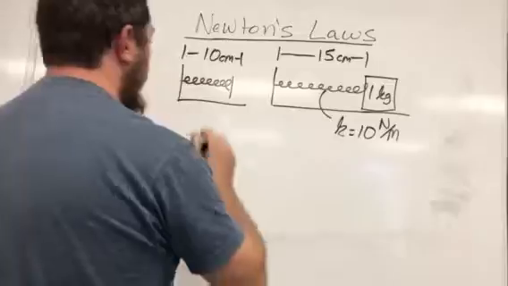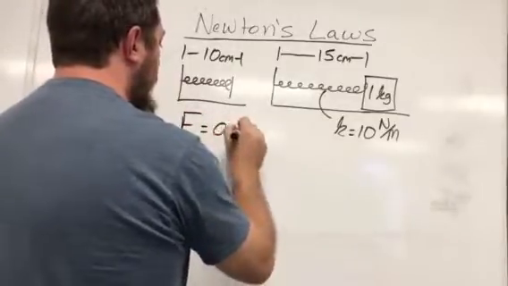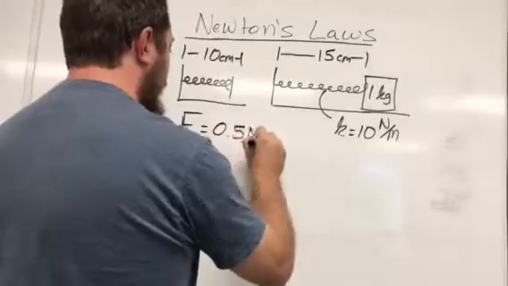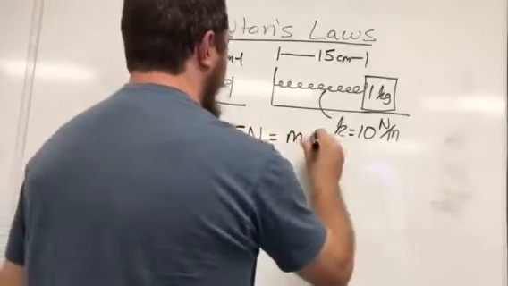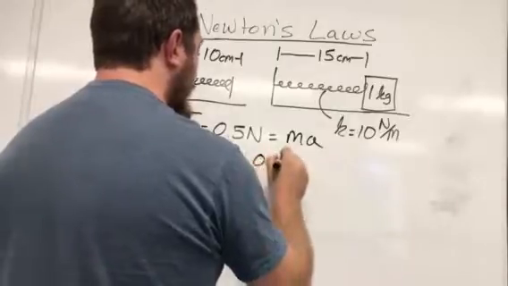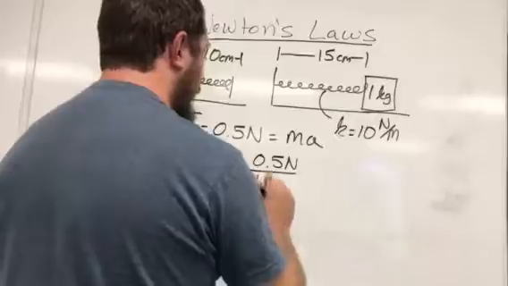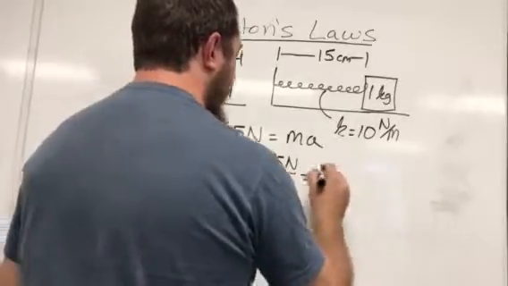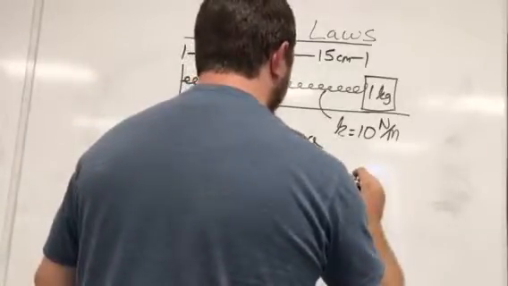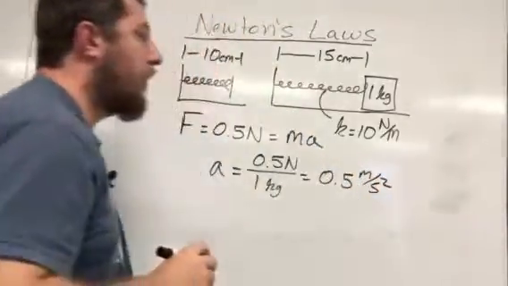So if the force is 0.5 newtons, and that equals ma, then a is going to equal 0.5 newtons divided by 1 kilogram, and that will be 0.5 meters per second squared.